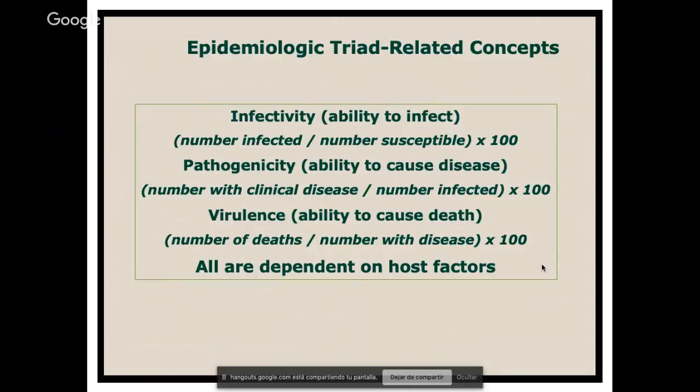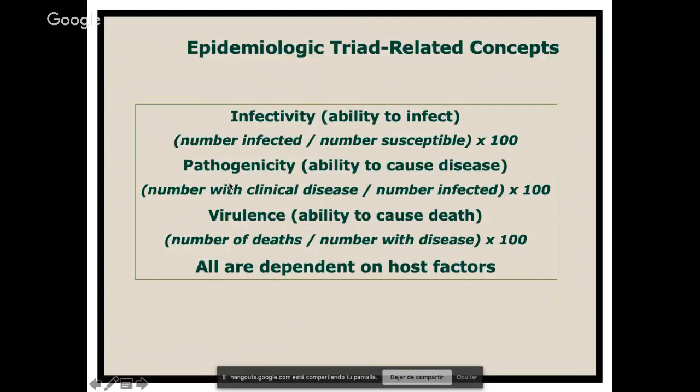In this epidemiological triad, we also have some related concepts. First, infectivity is the ability to infect. We can calculate it from the number of infected persons over the number of susceptible hosts per 100. Pathogenicity is the ability to cause the disease.